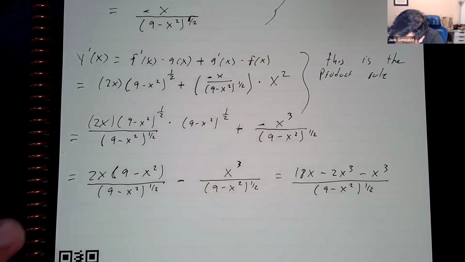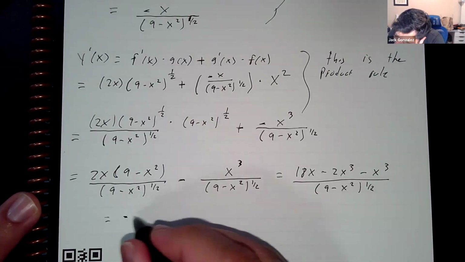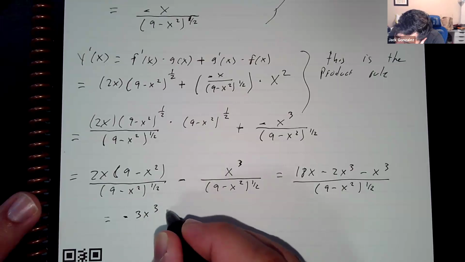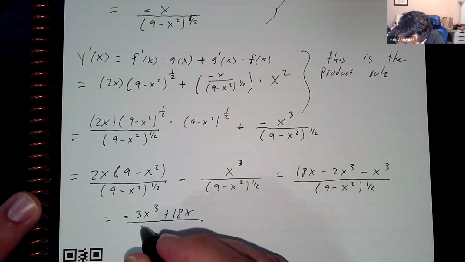All right. Finally, we're done. That'll be negative 3x cubed plus 18x over this denominator.